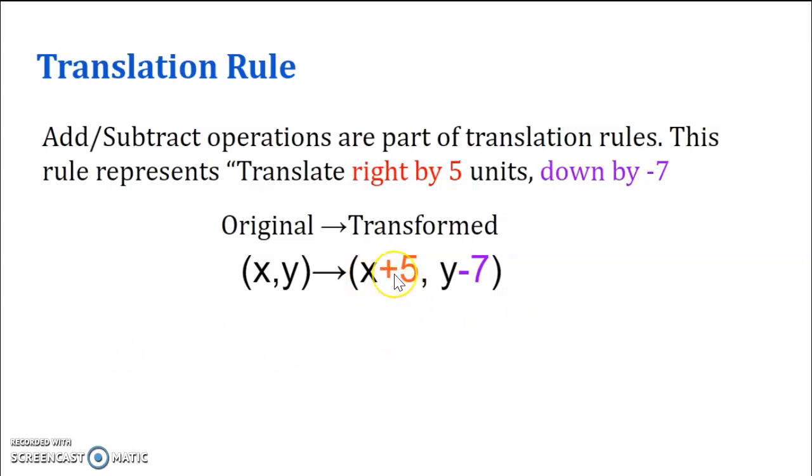So x moved right by 5 because when you move to the right, it becomes more positive. And then it went down by 7 because when you subtract, that means we are becoming more negative, and that's down.